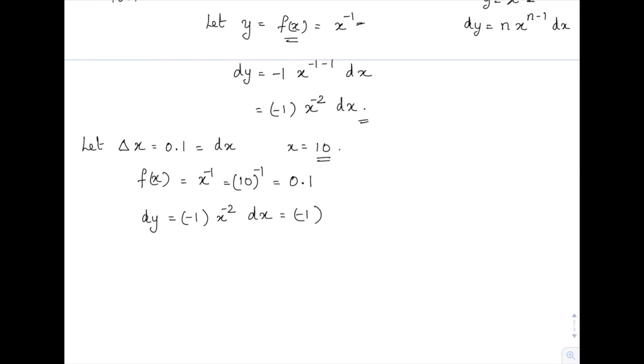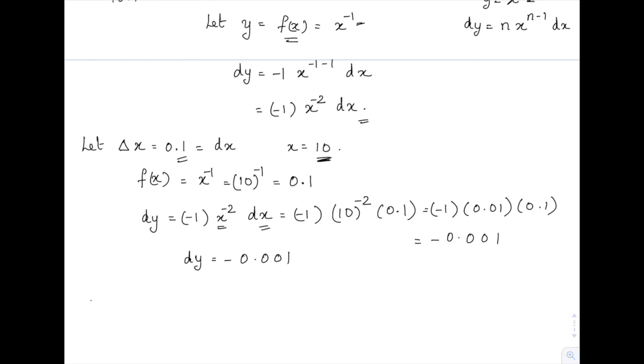So minus 1 into, we know x as 10 here, so 10 to the power of minus 2 into dx, which is 0.1, which is equal to minus 1 into 0.01 into 0.1, which is equal to minus 0.001. So we know dy now. dy is equal to minus 0.001.